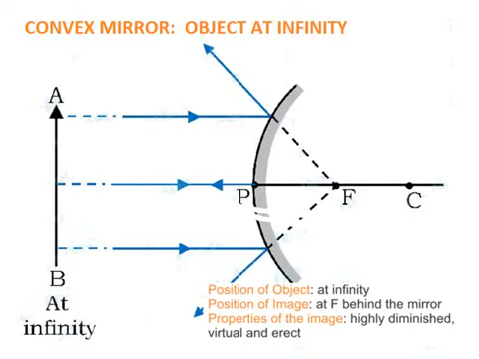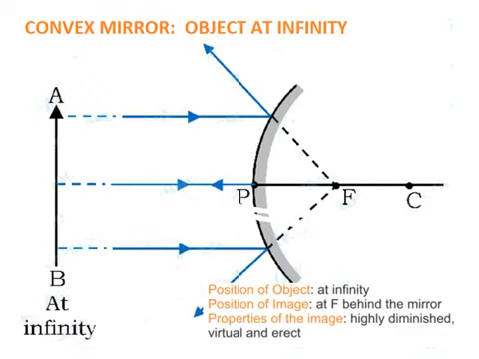Children, what you find in this diagram is a convex mirror. What is a convex mirror? A convex mirror is the one which has the reflecting surface outside and the polished surface inside. In this diagram, you find the ash color shading which represents the coated, non-reflecting side. Here the object AB is kept at infinity.